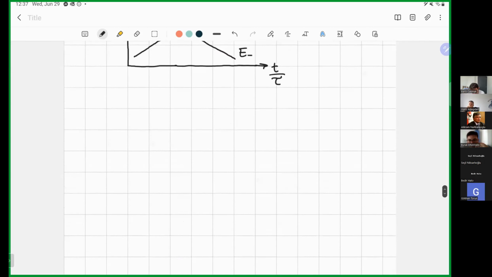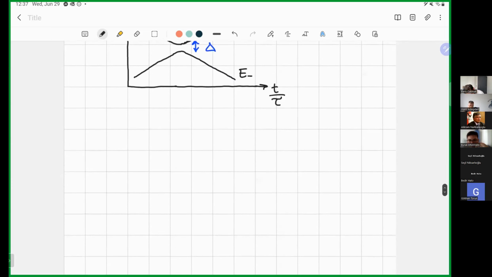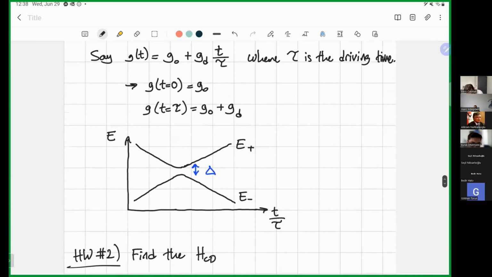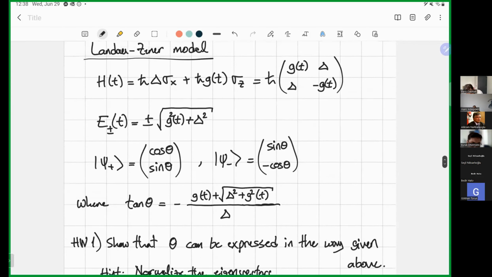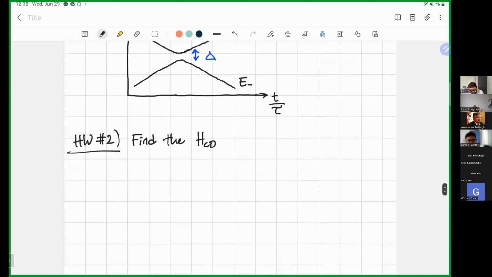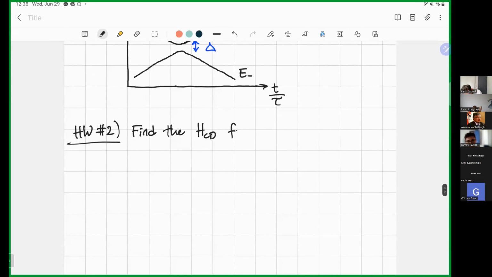Okay, so let's say that homework number 2 is to find the HCD, or maybe even let me write this Hamiltonian H as HLZ, Landau-Zener.